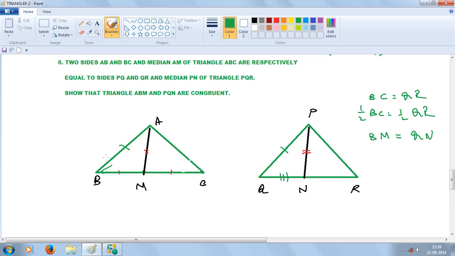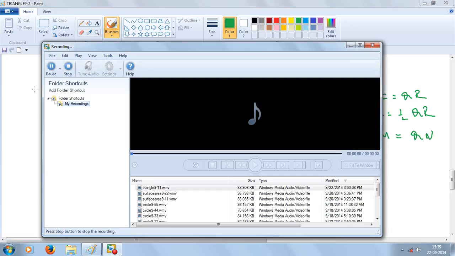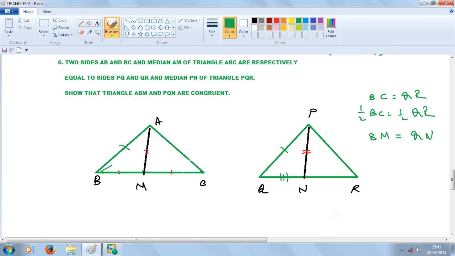How can we go about this problem? See what is given: median AM is equal to median PN. So the third point is AM is equal to PN, given, it is median.